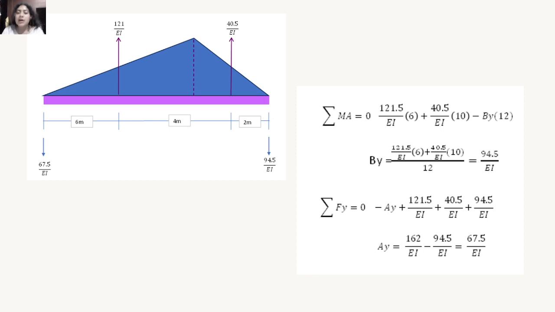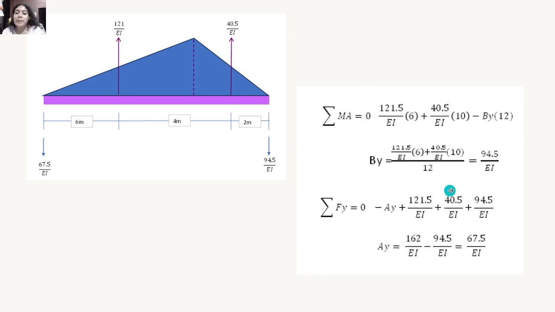First, I propose my force at the input A, and then it's 121.5 divided by EI, all the force divided by EI, because it is the component used in the moment in the final step, and it's important.